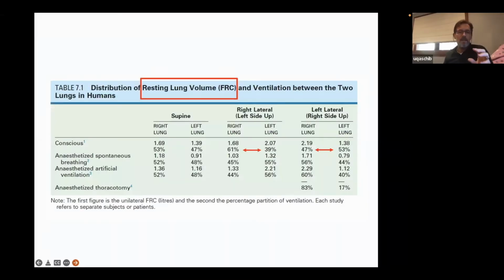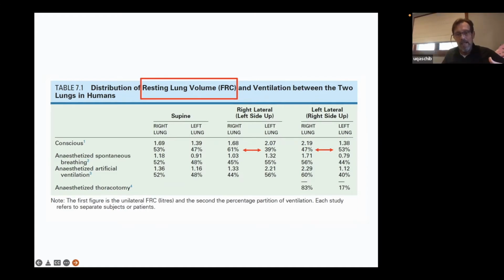Now, this slide shows that the static lung volume is dependent on gravity or the way we are positioning ourselves. It shows, for instance, if you have a subject in right lateral position, that means the left side is up, and you measure the lung volume, that's the static volume at end expiration.